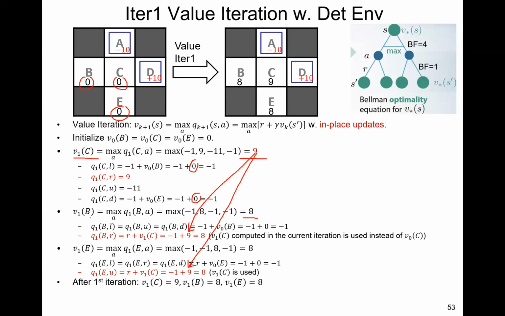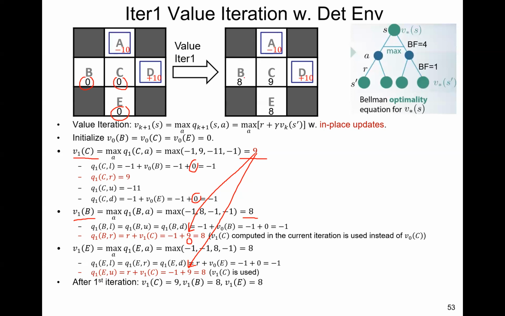So suppose you update B or E first, then you must start with V1C equals 0. Then you don't have the benefit of in-place updates. So in general, you do in-place updates starting from the positions near the ground truth. That is the positions near the external reward.